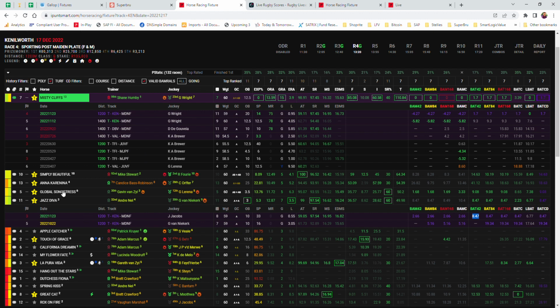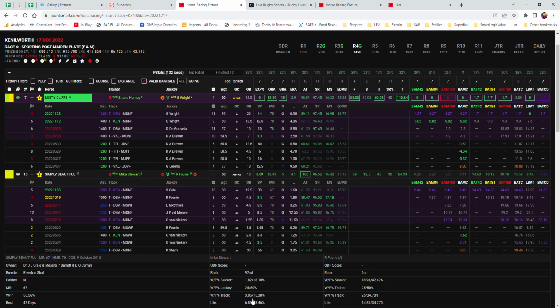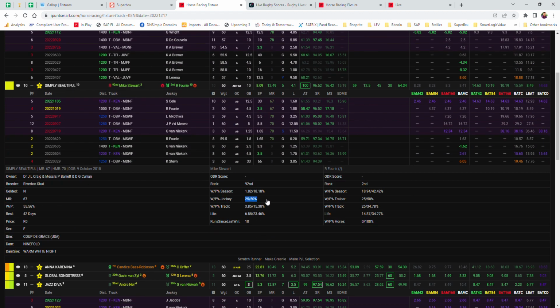Then I would also definitely consider Simply Beautiful, quite frankly, because Mike Stewart has some intentions, because he books Richard Fourie here, best adjusted time. And he does have a 25% win and a 50% place. That's why it's so red and flashing. But also had some better form earlier, to 4 here. It's again badly drawn with the 10.